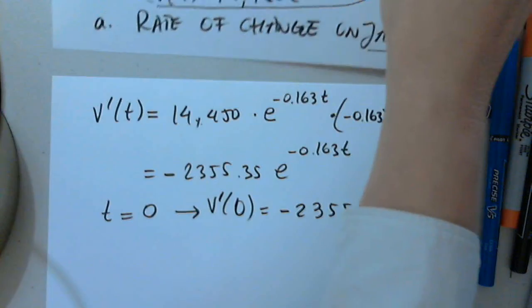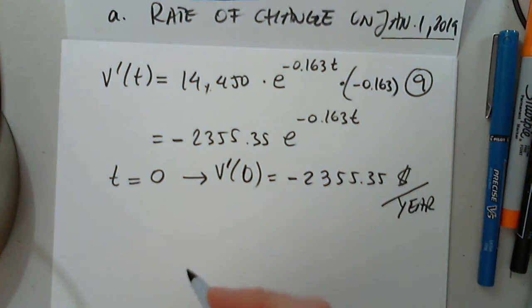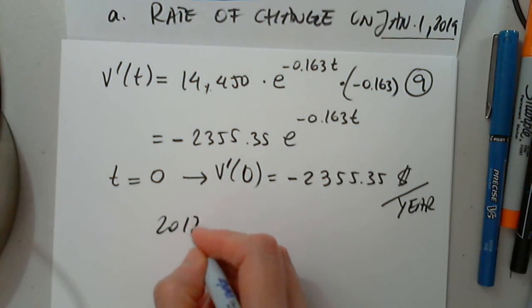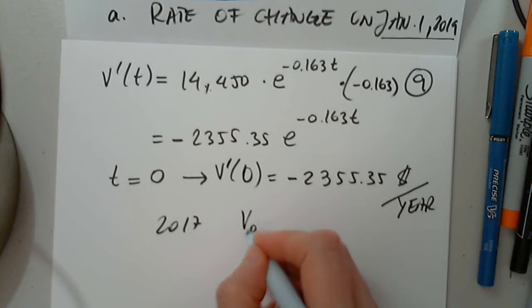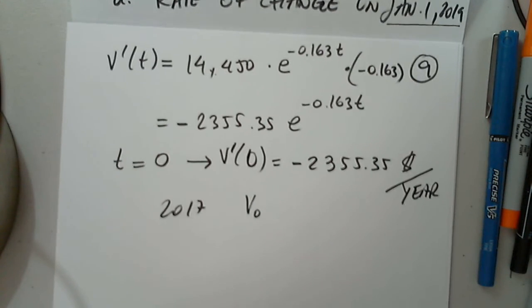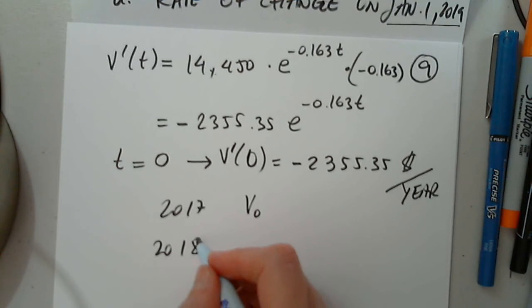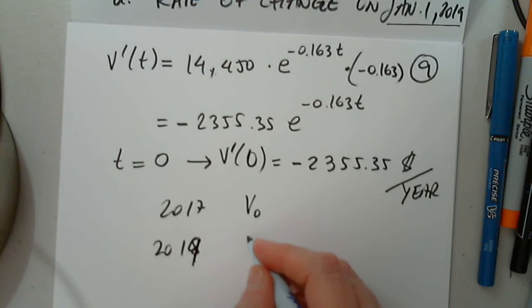Okay, so in 2017, this is the original value. So I'm going to call it V0. In 2019, the value was 14,450.